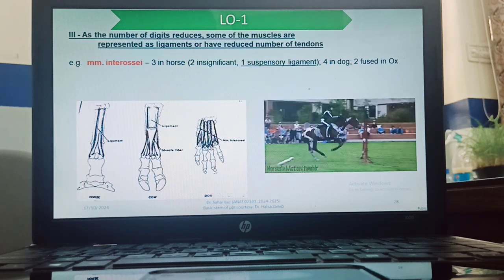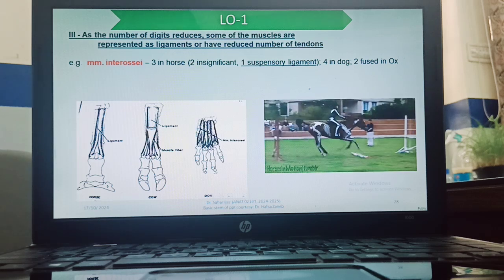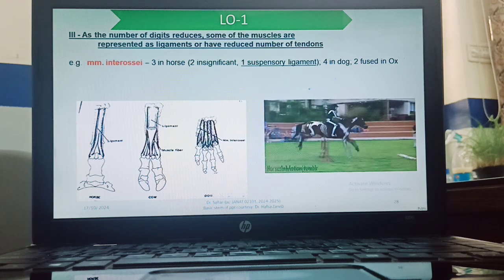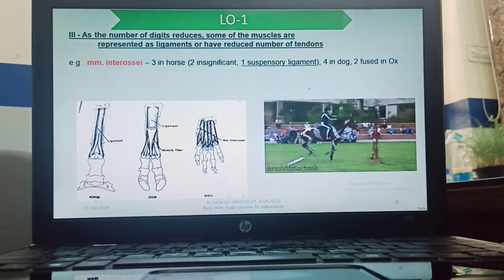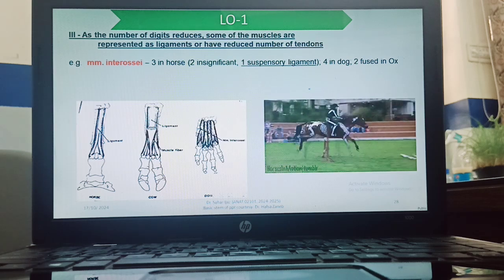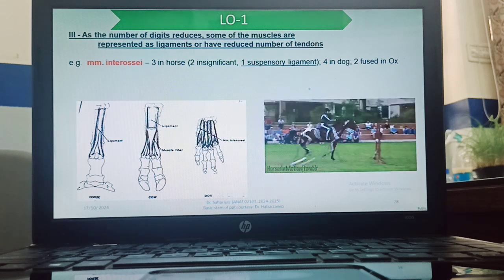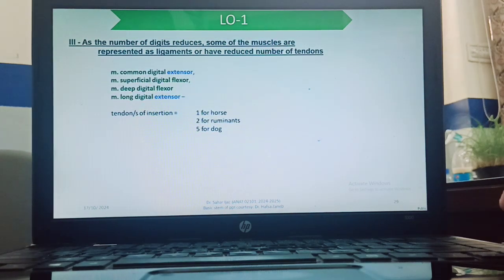And the other thing would be that when the weight is lifted off from this joint, it should get back to its original state. That is the function of the suspensory apparatus, and this muscle is now acting as the suspensory ligament in the horse.